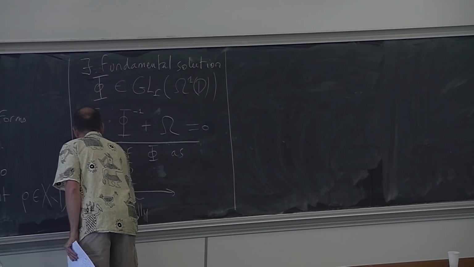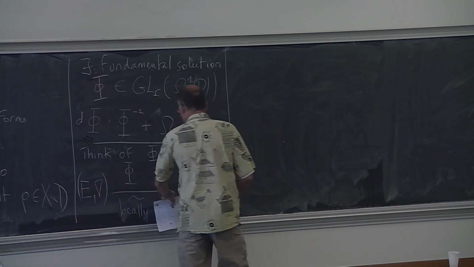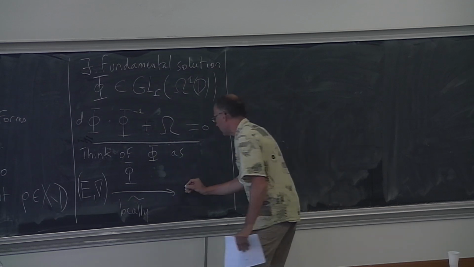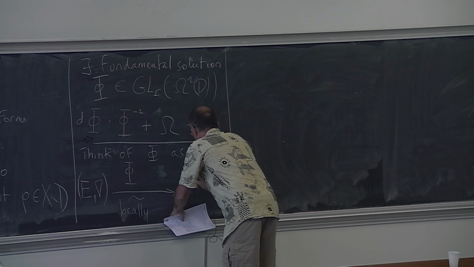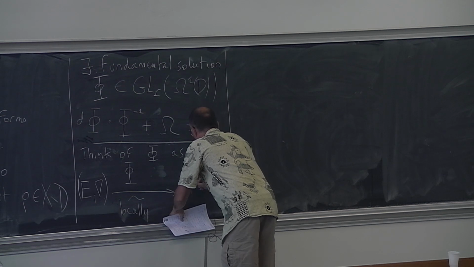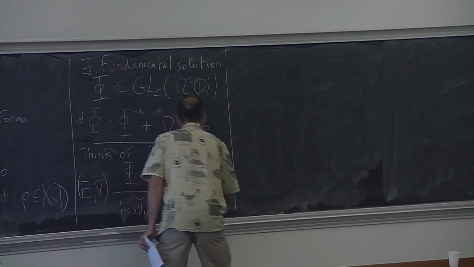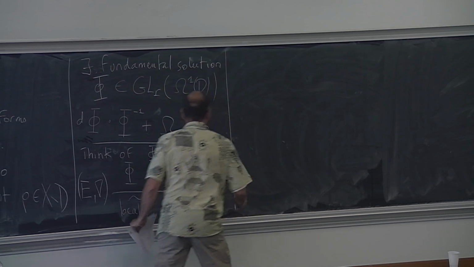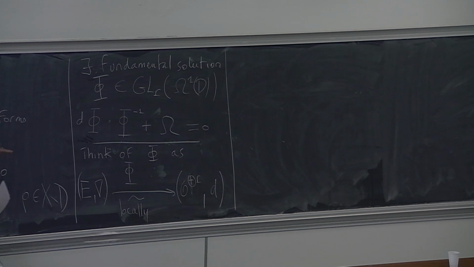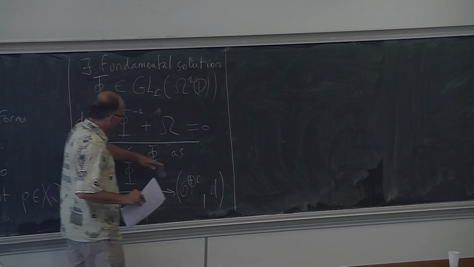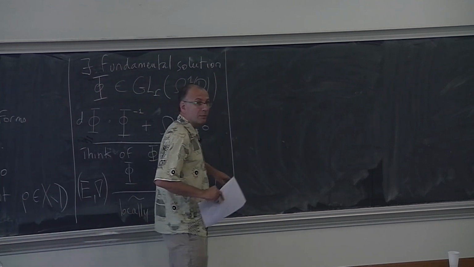So you have the connection nabla, and it is conjugate to O, the trivial bundle, O to the R, with the usual differential, so that the horizontal sections, nabla equals 0, are really horizontal here.